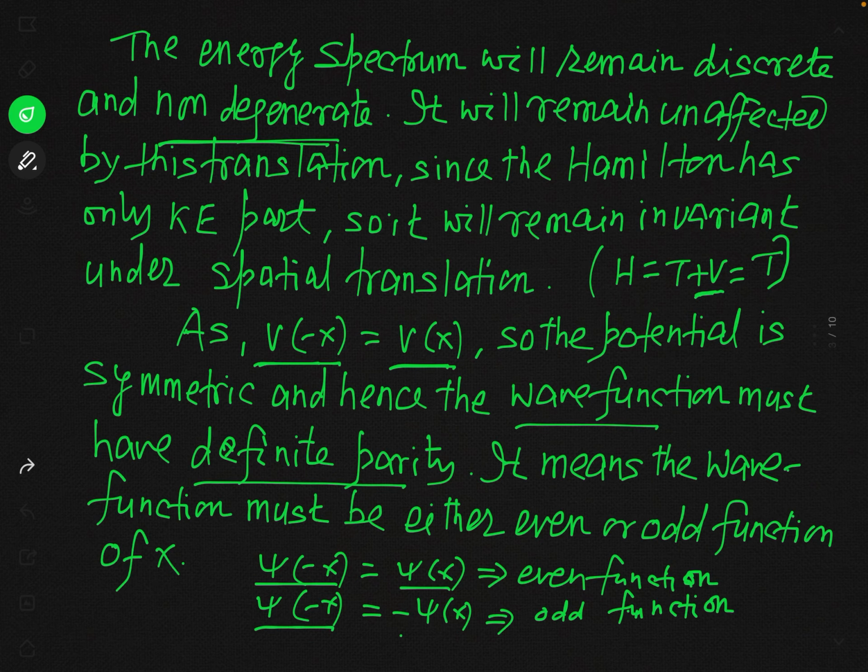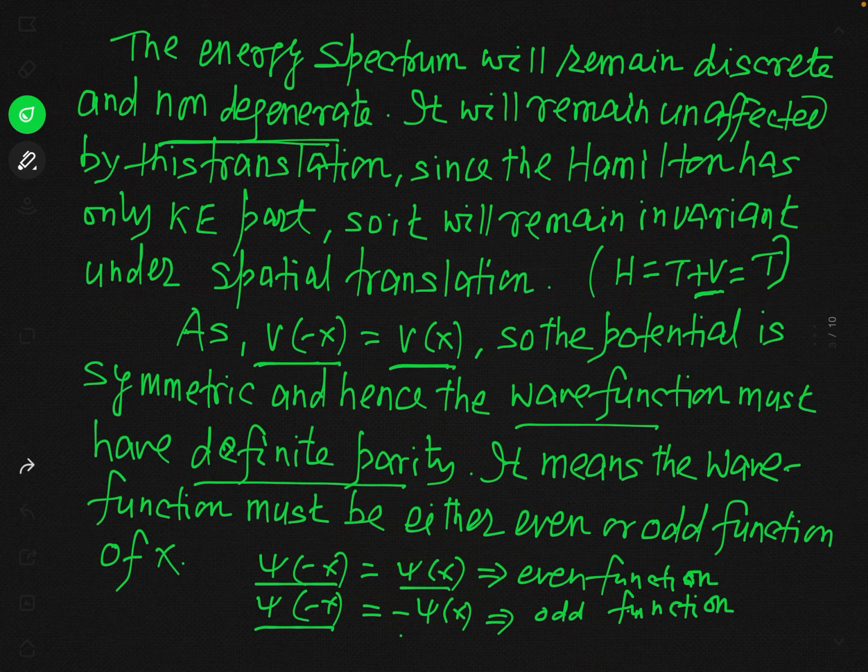Now one thing regarding the energy eigenvalue we should think here. As you can see, the asymmetric potential well has been changed into a symmetric potential well due to a spatial translation.